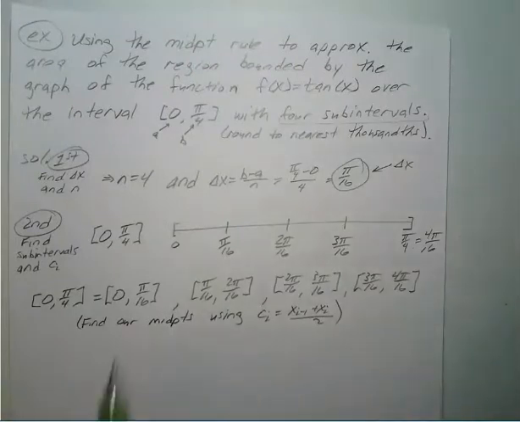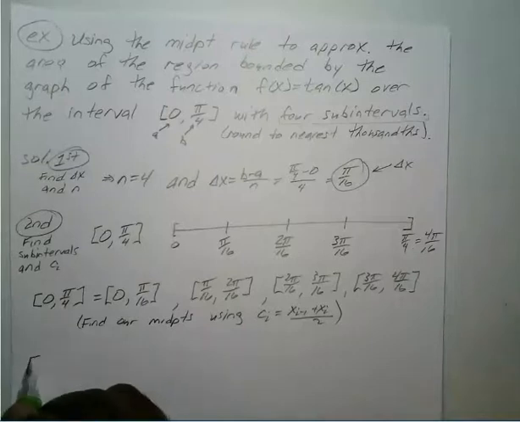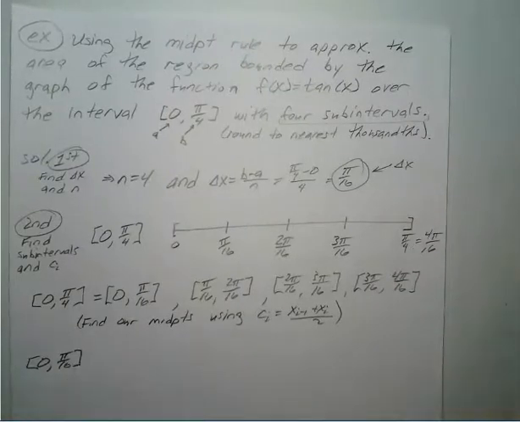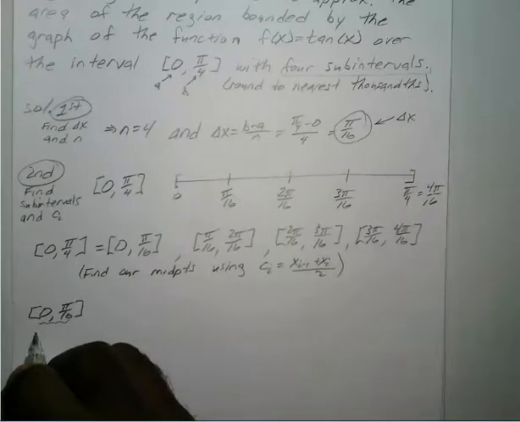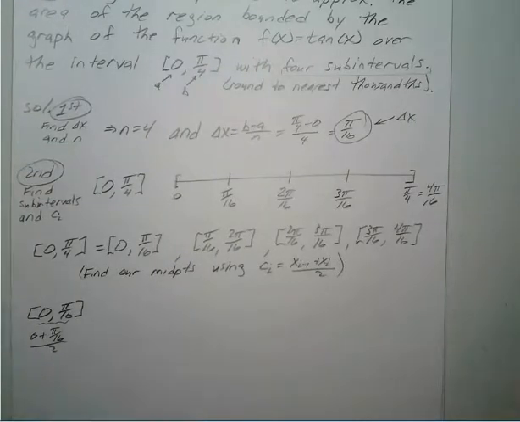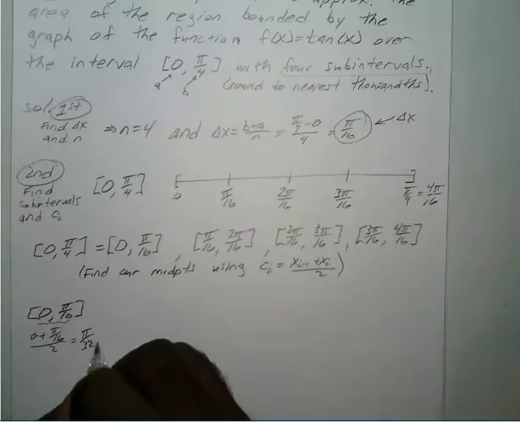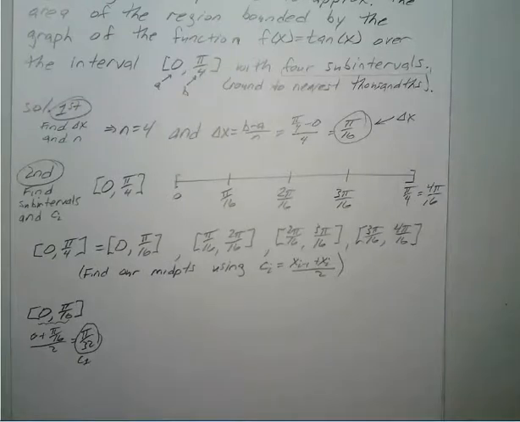All right, so we start with our first subinterval, from 0 to pi over 16. So we go ahead and add those together and divide by 2. So we have 0 plus pi over 16 divided by 2, which is pi over 32. And that's our C sub 1.